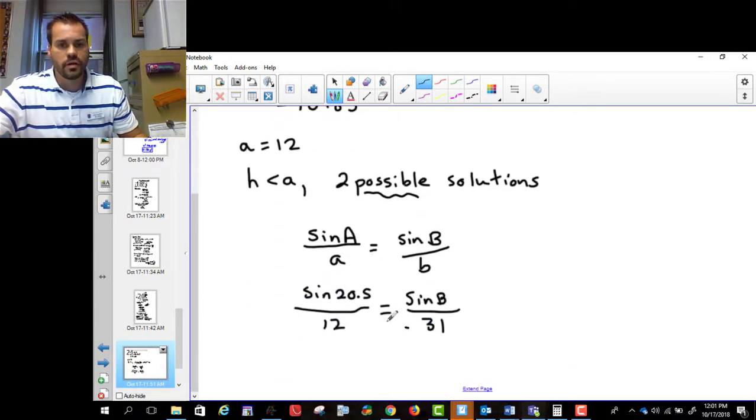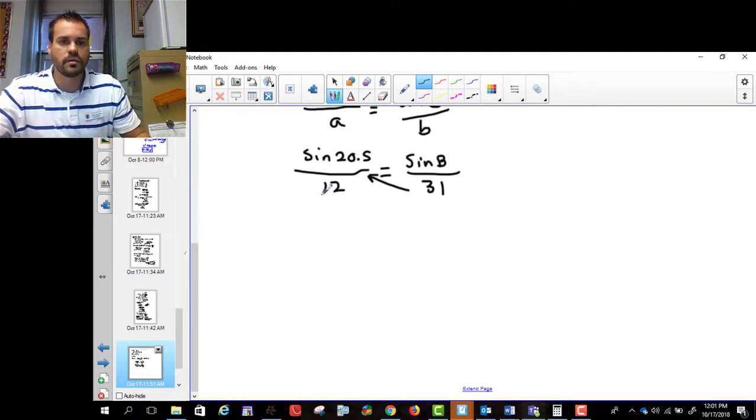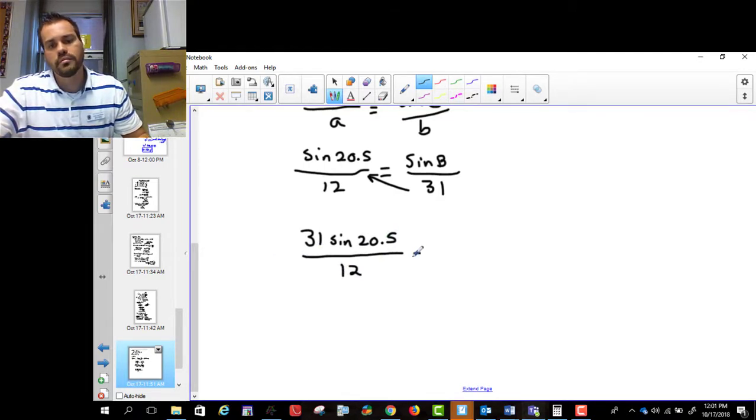So we bring 31 up there, and we get 31 sine of 20.5 divided by 12 is equal to sine B.